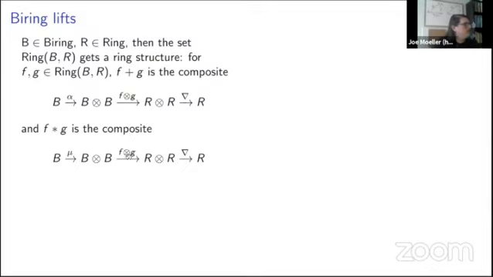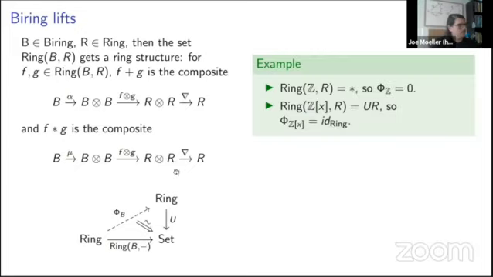And so you can define a ring structure on this Hom set, and moreover, it gives you a lift of the representable functor given by your biring to an endofunctor on the category of rings. So here's our two examples of birings that I told you about before, and here's the endofunctors on the category of rings that they represent.